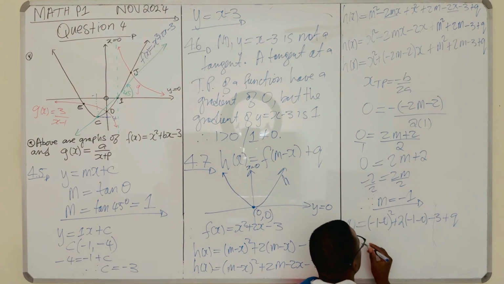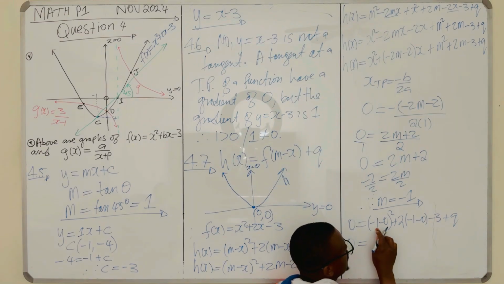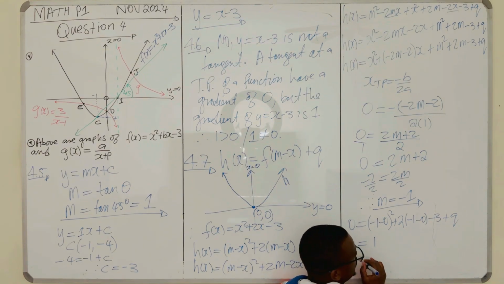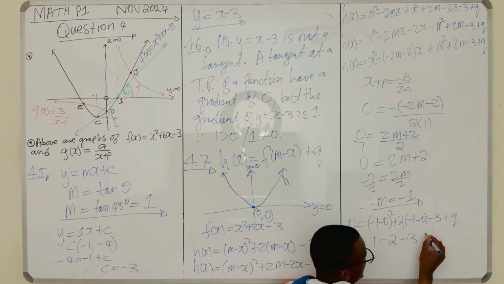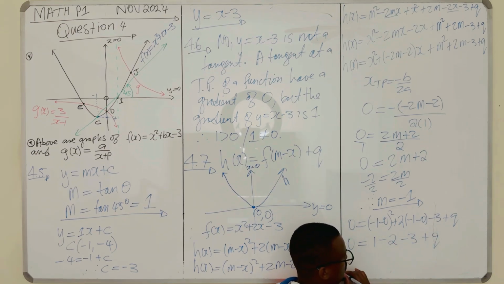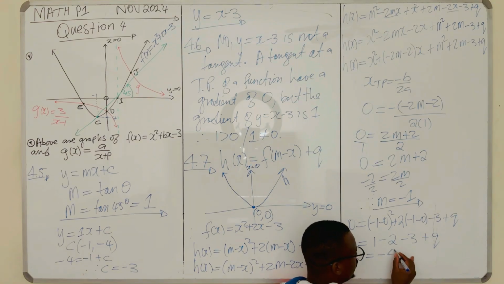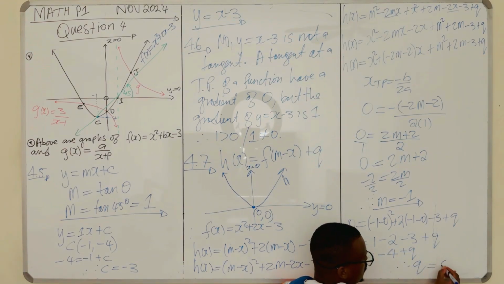Are you with me? Yes. So our 0 is equal to, this is minus 1 minus 0, this is 1, right? Yes. So minus 2 minus 3 plus q. So it looks like this is minus 4 in total. Or 0 is equal to minus 4 plus q, is it? Yes. Therefore, our q is equal to 4.